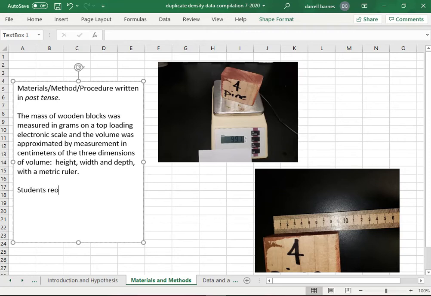Students recorded individual data, and the lab instructor, me, input the data into this spreadsheet.